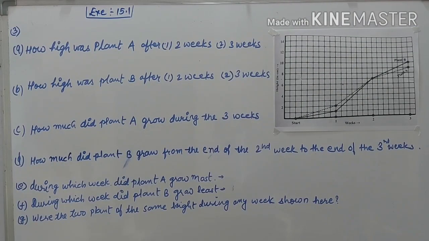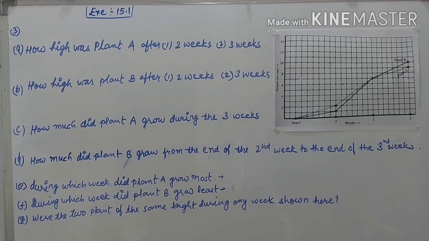Question number 3. For an experiment in botany, two plants A and B are grown in similar laboratory conditions. The height is measured at the end of each week for three weeks. The result is shown in the following graph.